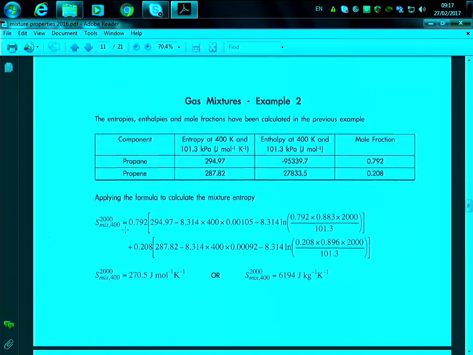And because this system is not ideal, then we will have to account as well for the non-ideality of the system, which is basically the relations that we have seen here.